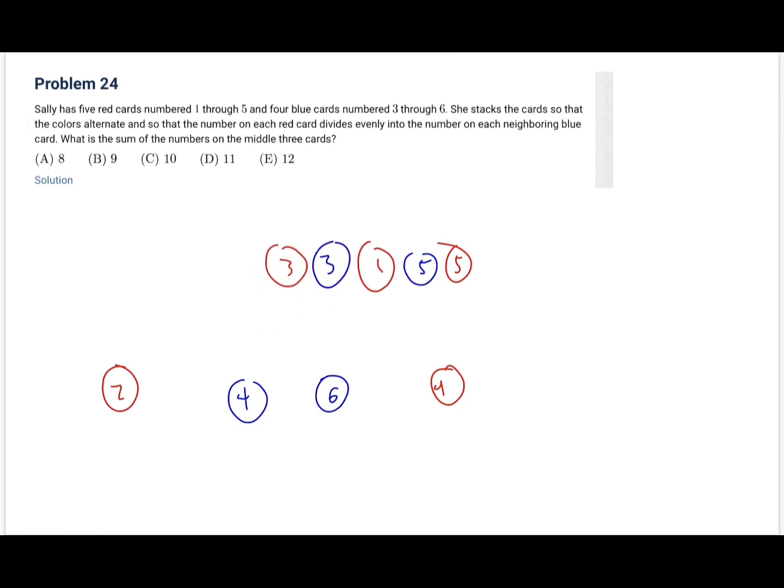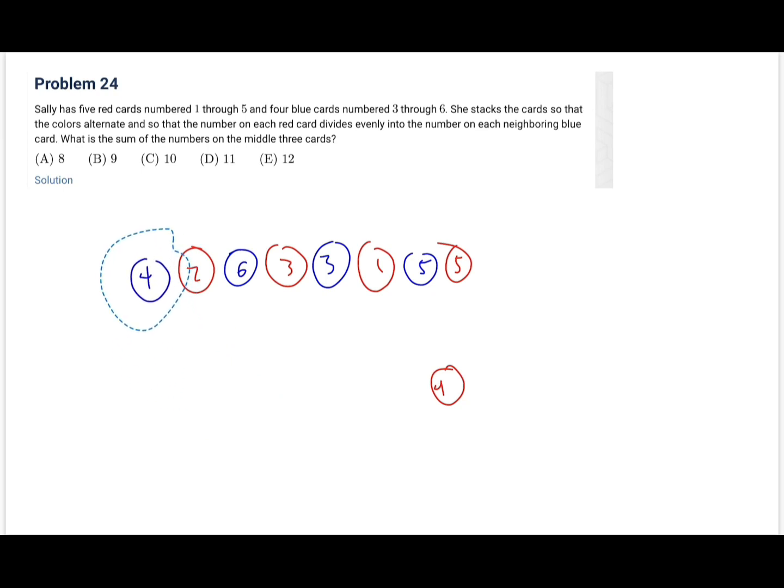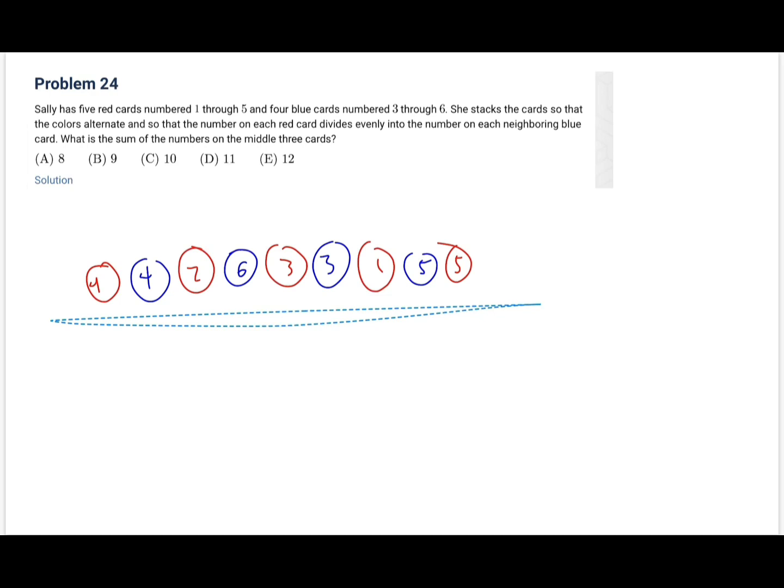And then 3 can also divide into 6, so 6 must be here. And since 2 can divide into 6 but not 4, 2 should be here. And so 4 comes here, and then 4 can go into 4. So this is the final arrangement.